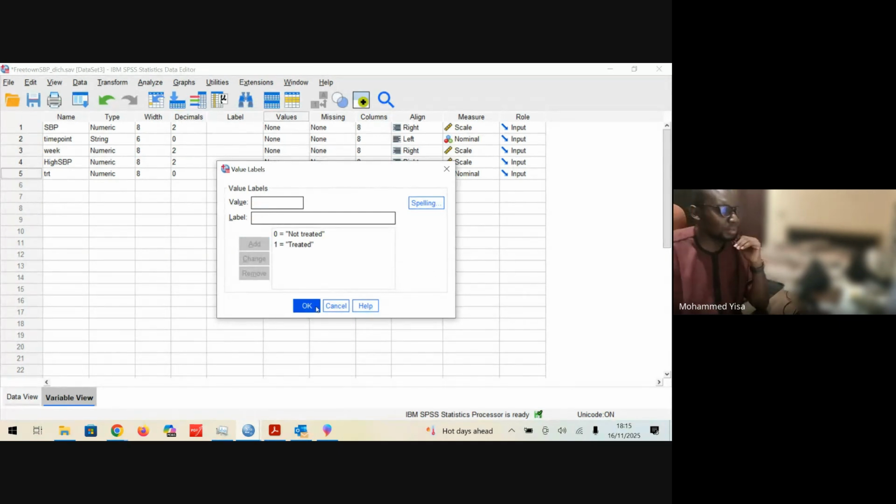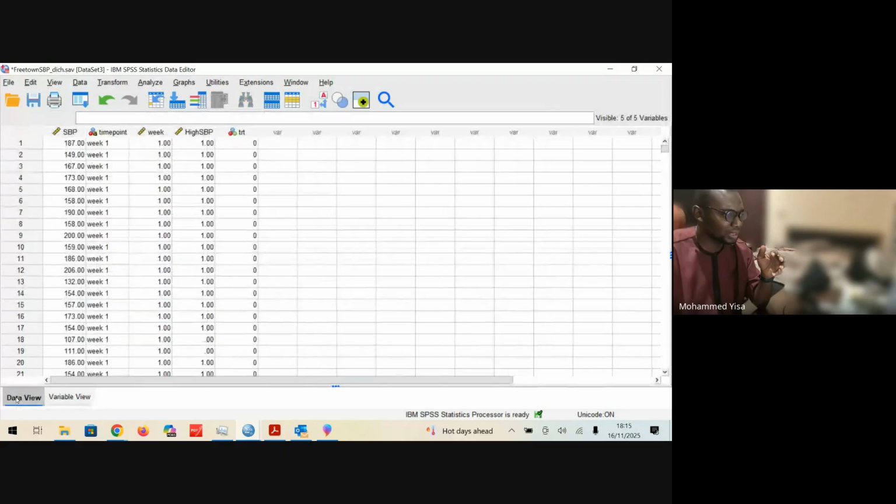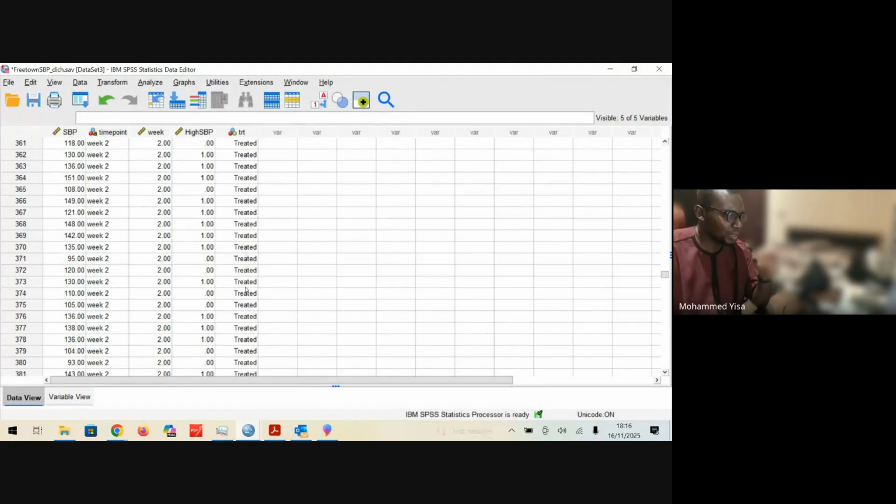This is all a bit extra, but with just this that I've done now, when we go back to the data view, we can now see that treatment doesn't have a decimal point. And if we want to see value labels, we can now see that this is not treated, and when we go down, we can see these ones are treated.